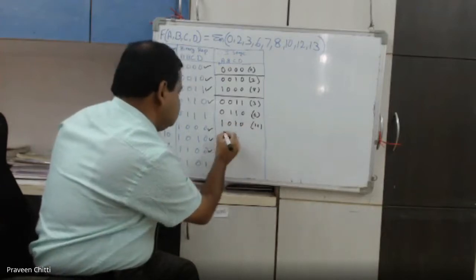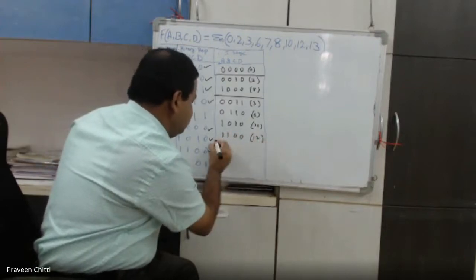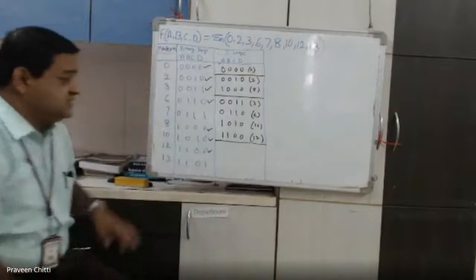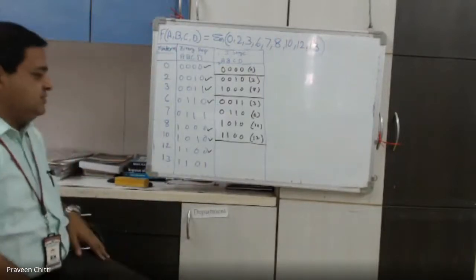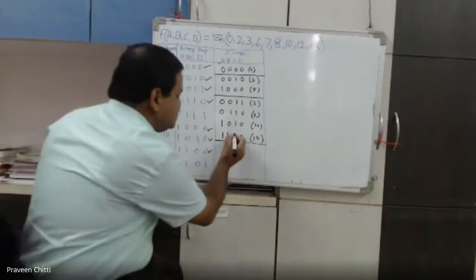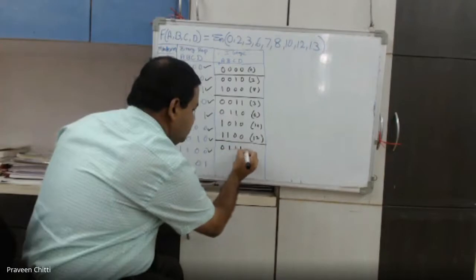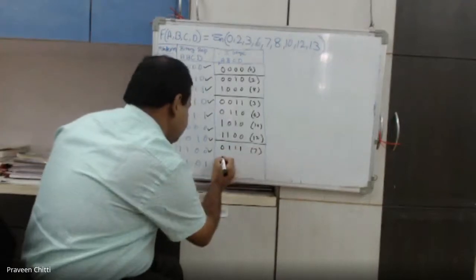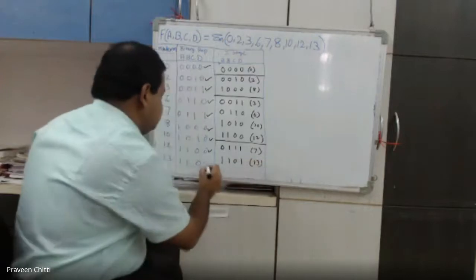Then 1, 1, 0, 0, that is 12. This is the third group, containing 2 ones. The next group contains 3 ones. This one is 0, 1, 1, 1, that is 7. Then 1, 1, 0, 1, that is 13.